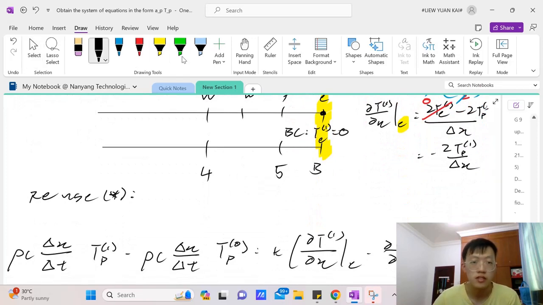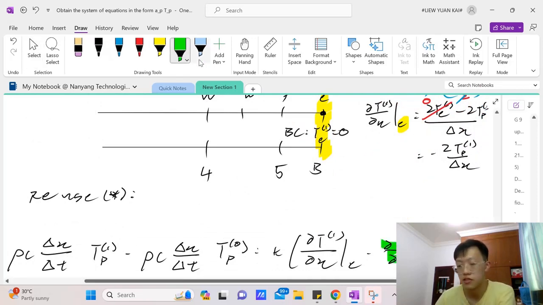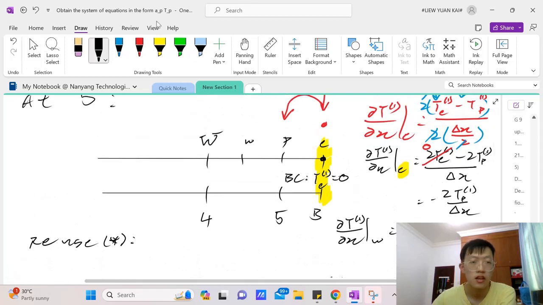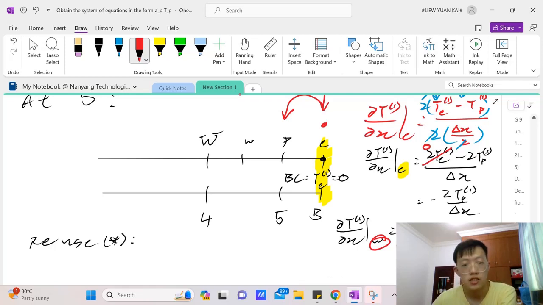Now we have to deal with the other derivative. So let's have a look. We want to evaluate it at the west, so you stand at small west.